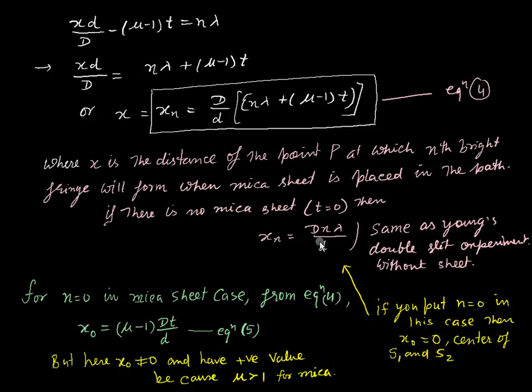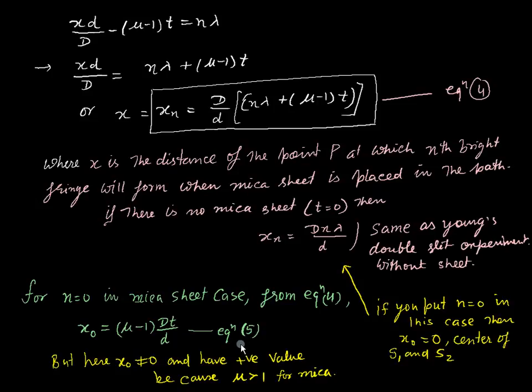But here when we put n equal to 0, we observe some positive value of x naught, and that is (mu minus 1) capital D small t upon small d. And this positive value of x naught indicates that the center point of the fringes has been shifted upward. Why upward? Because x naught is positive.